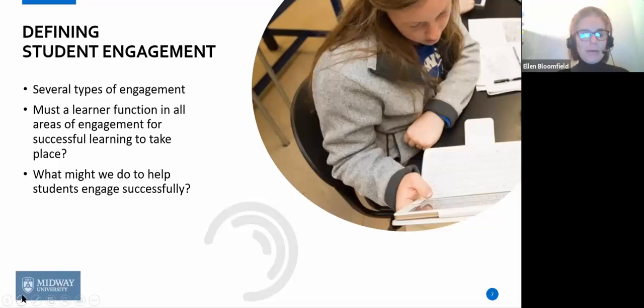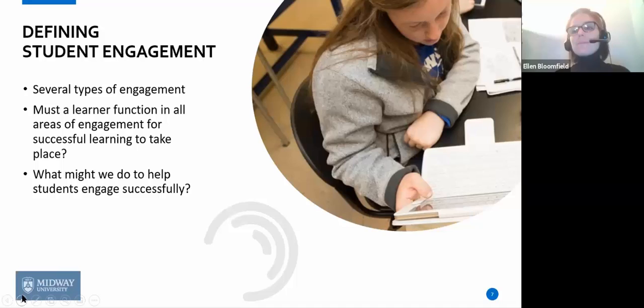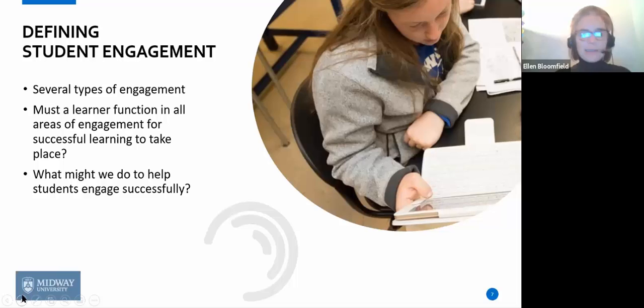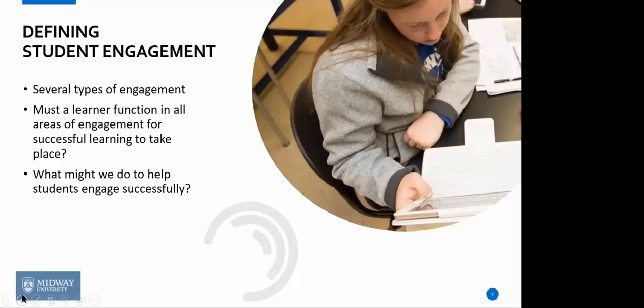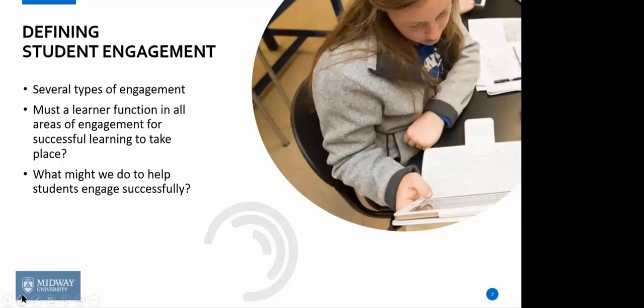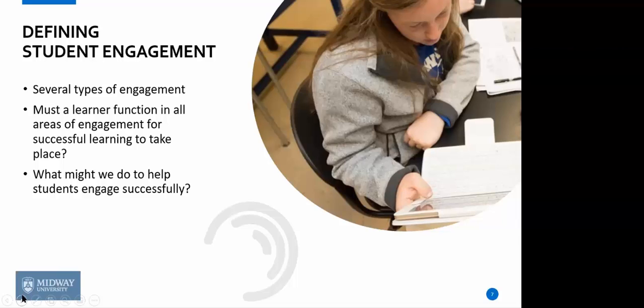The literature in the research that I read, you will find that a lot of people don't agree on one single definition. Did you notice while you were talking in your groups how each one of you had a different view of what it meant for a student to be engaged? That's basically what the literature supports. You have several types of engagement: academic, cognitive, intellectual, emotional, behavioral, and each one of those attributes to whether or not our students are learning in our class.